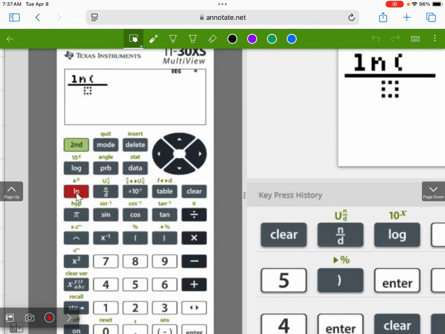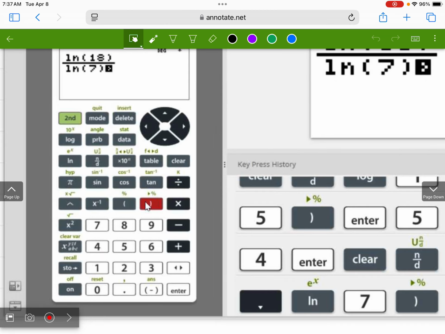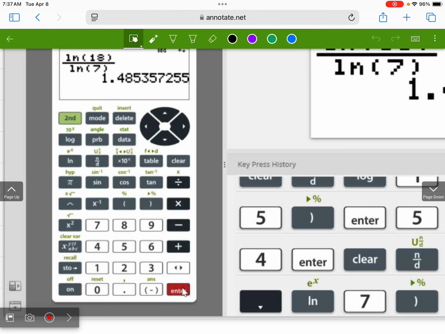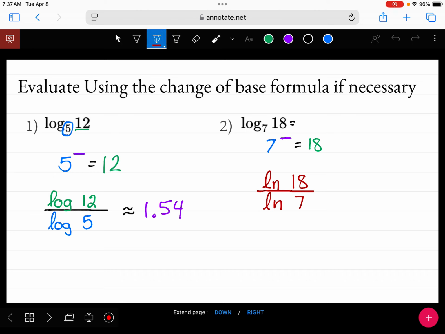So I did natural log of 18 over natural log of 7, and we get 1.485357, and so on. These will be long, very decimally. We're just going to take a couple of decimal places, so we've got 1.48, that's a 5, so it rounds up to 1.49. If I raised 7 to the power of 1.49, we would get right about 18.